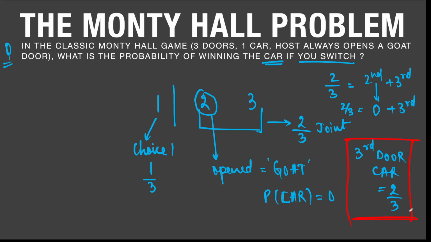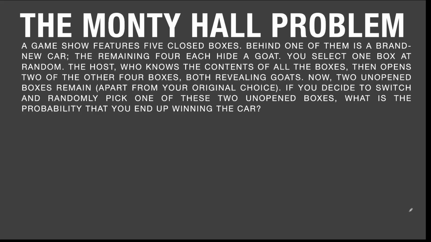Now let me move to a little more customized question. We have specially curated long questions because long questions are coming in the exam, so it will be better for your reading speed as well. A game show features 5 closed boxes: 1, 2, 3, 4, and 5. Behind one of them is a brand new car.